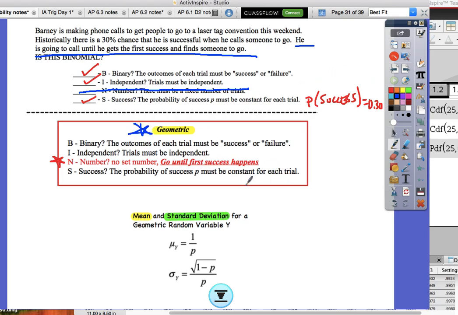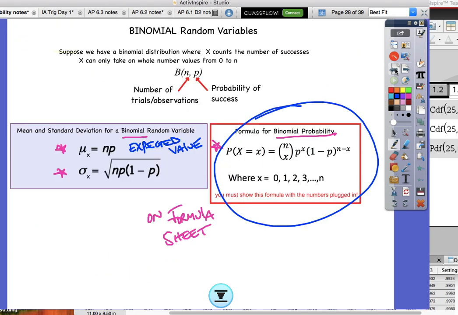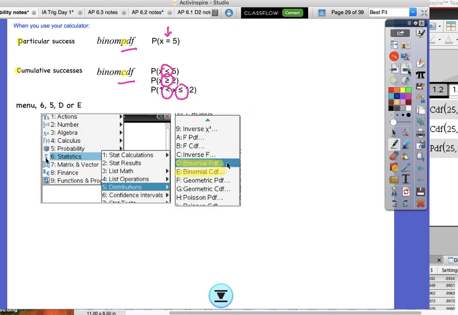It would be very easy on the AP test to start off with a problem that's binomial and then change it slightly into geometric. So here are your formulas for mean and standard deviation if it is geometric. These are on the formula sheet. But if you're making your own, I would write these down. It's very similar to binomial, where I have a formula for mean and standard deviation.